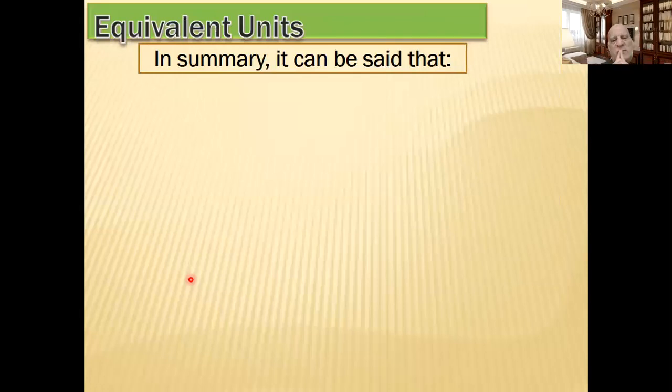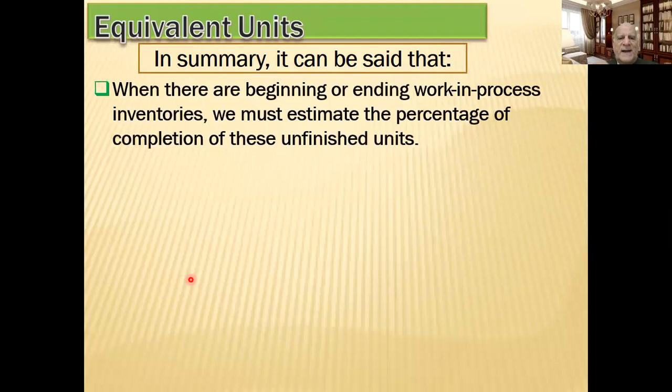To summarize, in summary, it can be said that when there are beginning or ending work in process inventories, we must estimate the percentage of completion of these unfinished units.